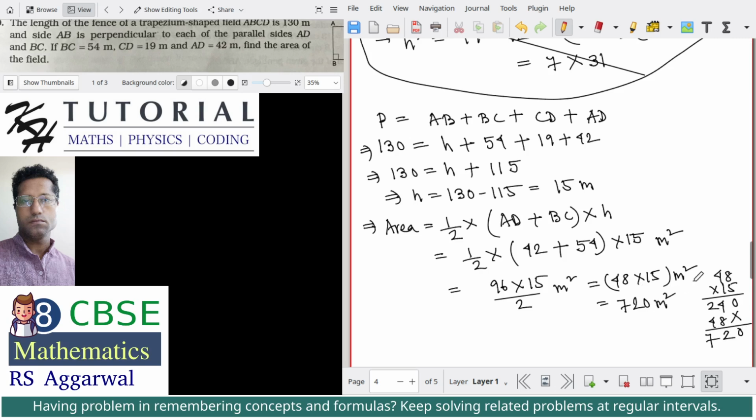So the area of the field is 720 meter square, which is correct.